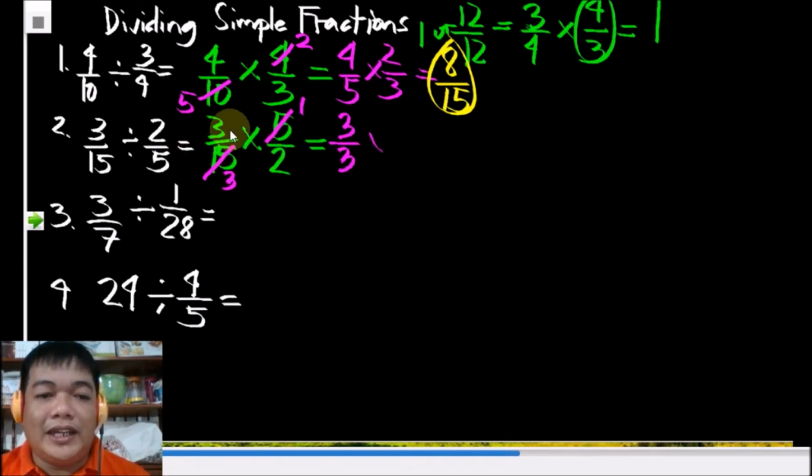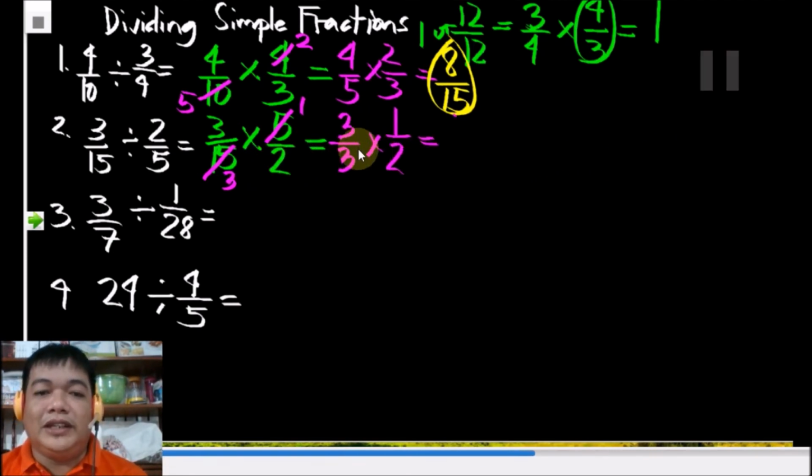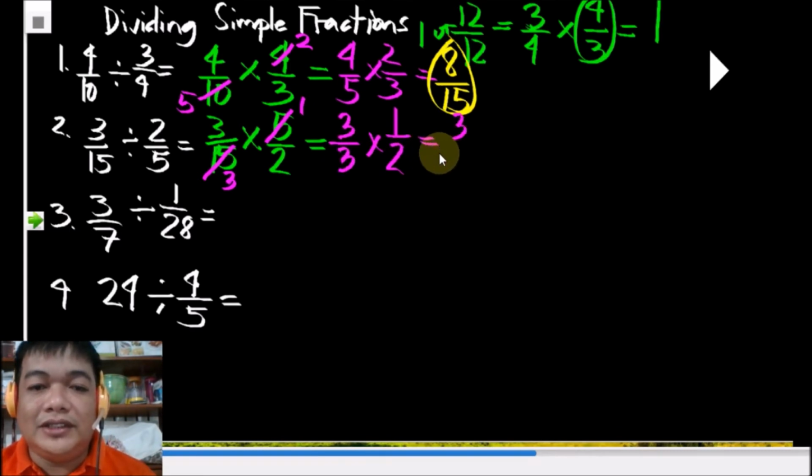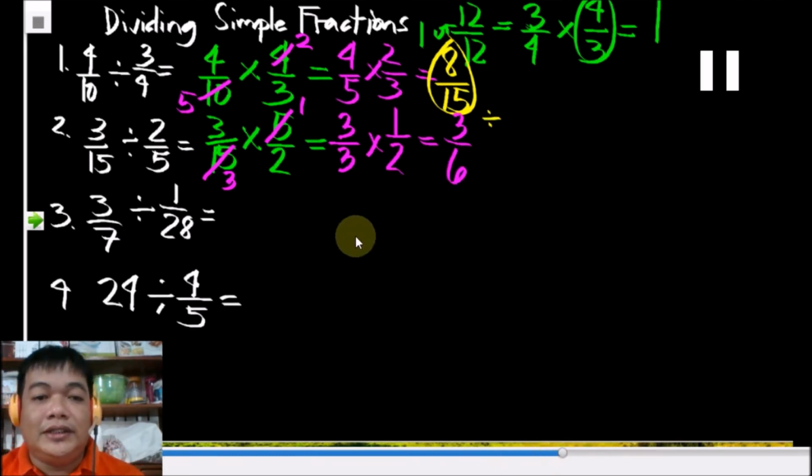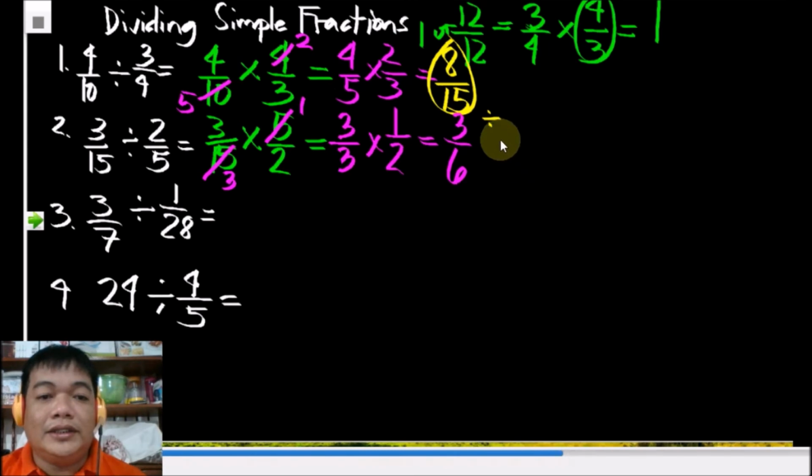Then rewrite the fraction as 3/3 times 1/2. Then proceed to multiplication. 3 times 1 is equal to 3, and 3 times 2 is equal to 6.